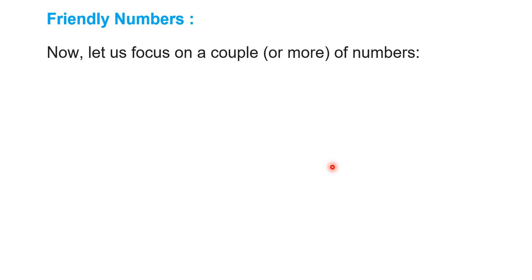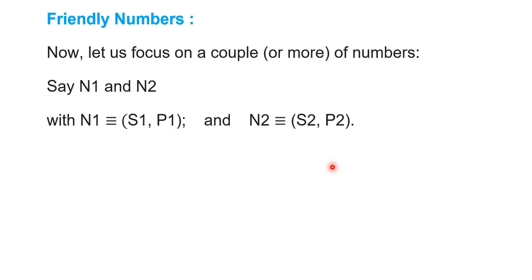Now we are going to another concept, friendly numbers. Now let us focus on a couple or more of numbers, because if you are talking about friends, that means at least you need two persons, right? Two individuals. Suppose we start with two numbers n1 and n2. n1 has its characteristic sum of divisors, we call it s1, and it also has p1.